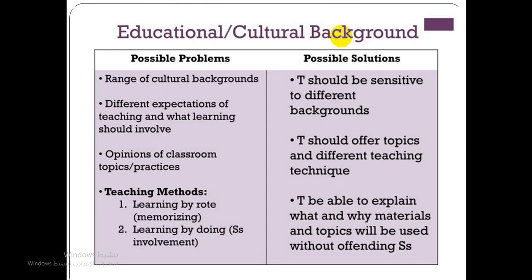Some children come from homes where education is highly valued and where parental help is readily available. At the same time, other children may come from less supportive backgrounds where no such backup is on offer.